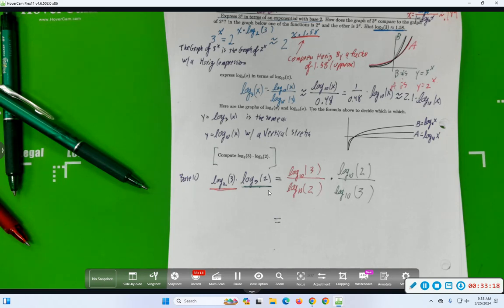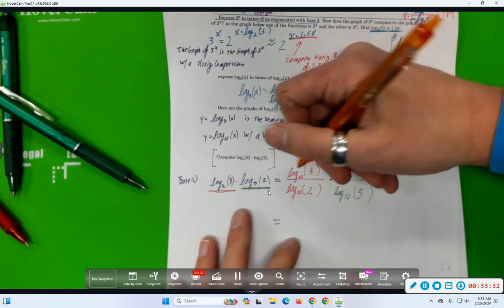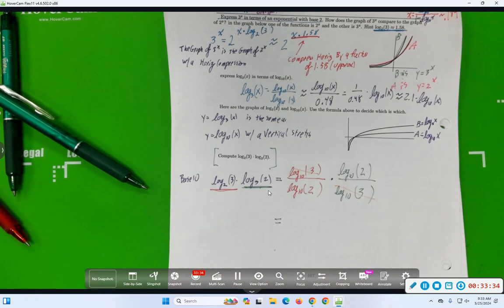I also divide by that same number. What happens when you multiply by a number and then divide by that number? It's the same. Yeah, those two things will cancel out. So let's do some canceling. That'll leave me with log base 10 of 2 divided by log base 10 of 2. Does anything cancel there? Yeah, so it looks like everything cancels. So what are you left with? Just 1.